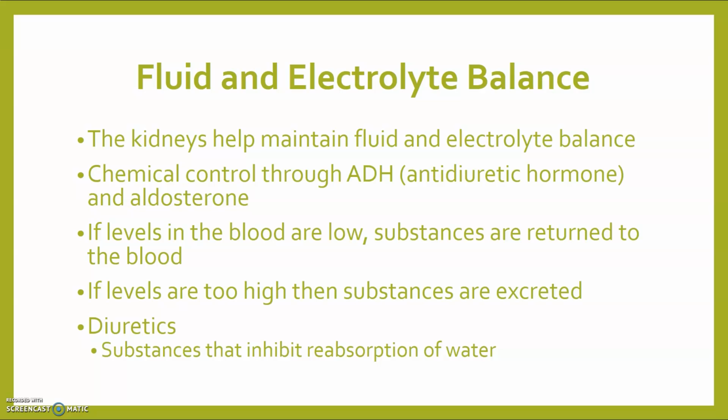The next function of the urinary system is fluid and electrolyte balance. The kidneys help maintain fluid and electrolyte balance, and one way this is done is by chemical control. These chemicals are ADH, which is antidiuretic hormone, and aldosterone.